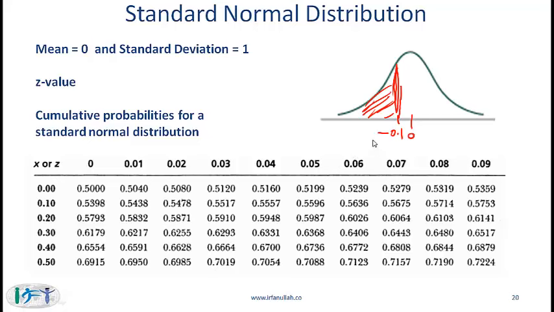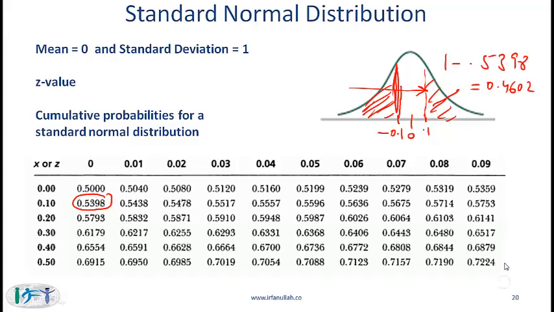So you use the fact that the distribution is symmetric. If you come to this point over here, which is 0.1, then you know that the cumulative probability up till 0.1 is equal to 0.5398, which means that the probability to the right of 0.1 is equal to 1 minus 0.5398, which is equal to 0.4602.